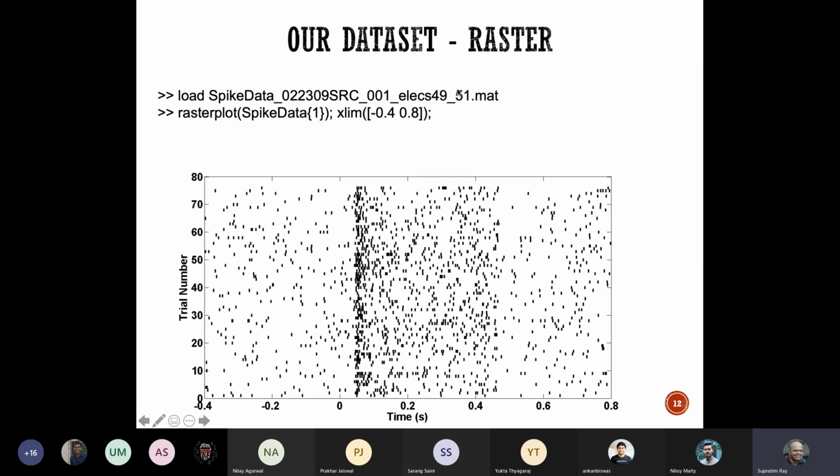The load command loads this MATLAB data file, and it generates this data structure called spike data, which essentially has times at which spikes were generated for 76 repetitions of the stimulus.